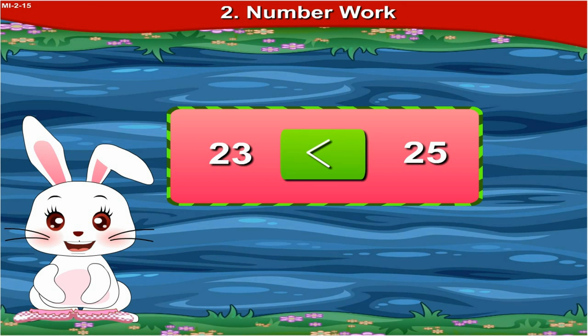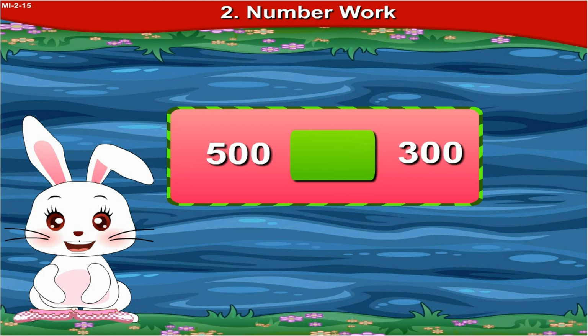So we'll put a symbol of lesser in this manner, showing that 23 is lesser than 25. 500, box, 300. Now 500 is bigger than 300. So we'll put a symbol of greater facing 500, showing that 500 is greater than 300.